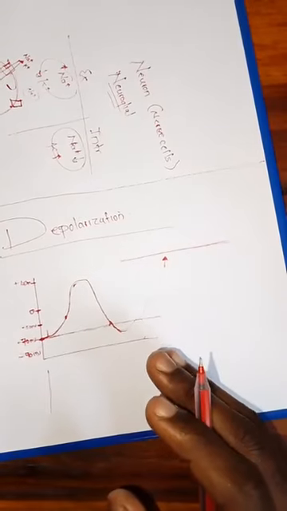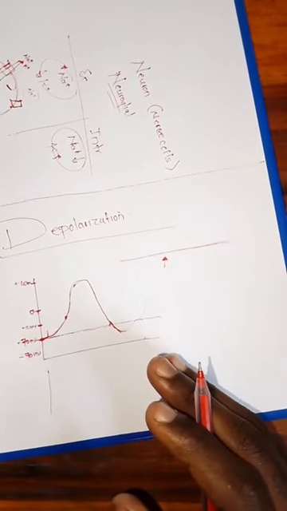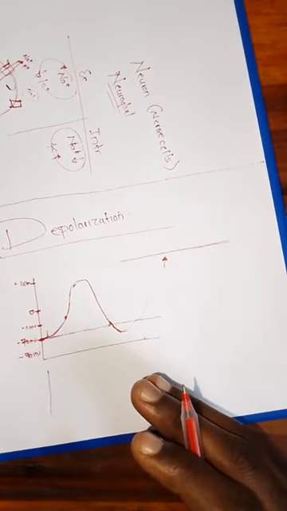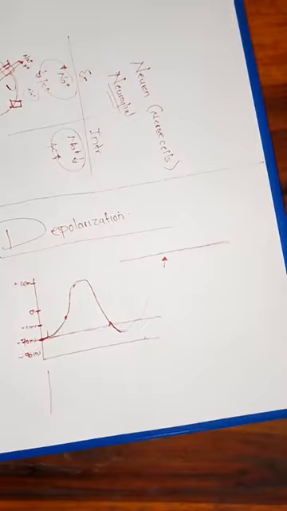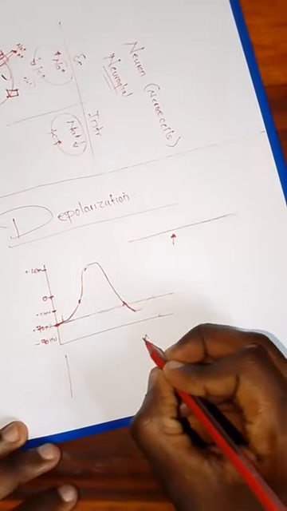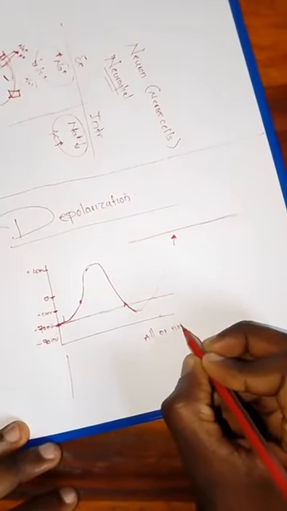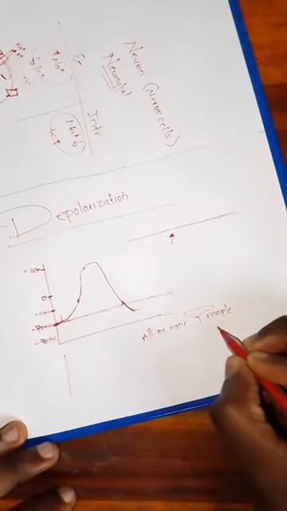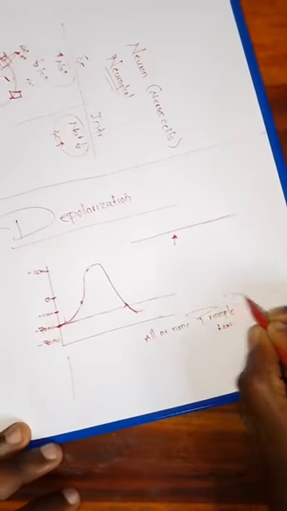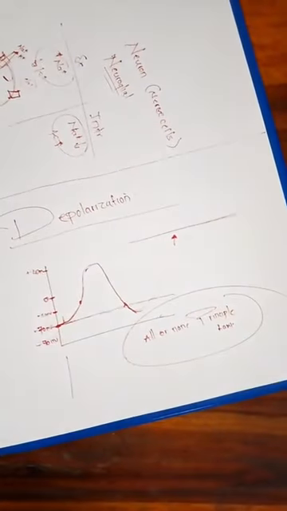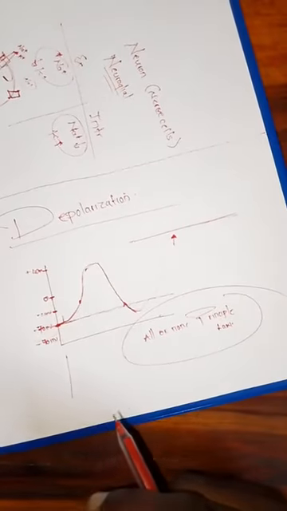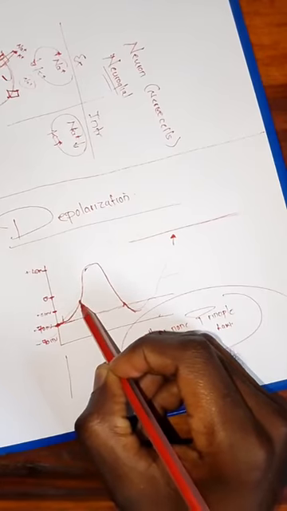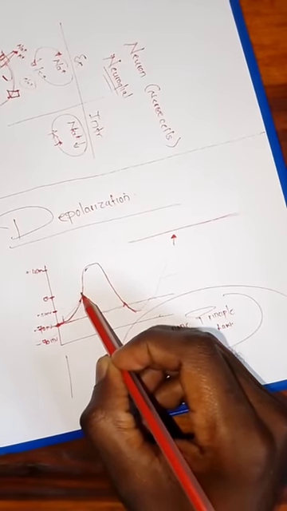Then the other thing that you have to know is a principle. This principle is known as the all or none principle. Sometimes you see it being written as the all or none law. This principle states that when an action potential is triggered, meaning that when you reach your threshold, then at that threshold point there will be triggering of an action potential.